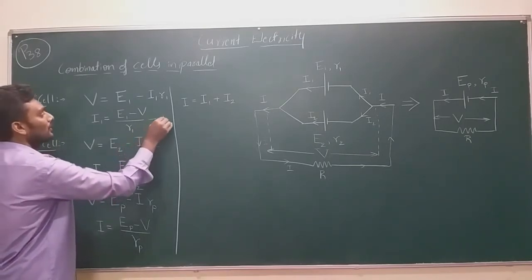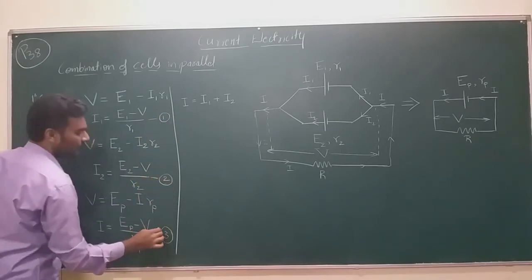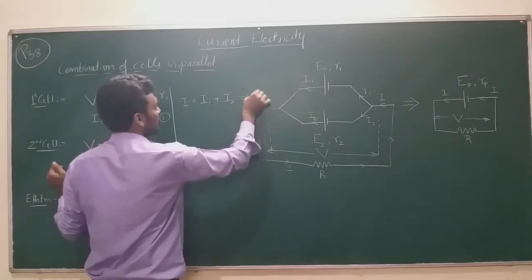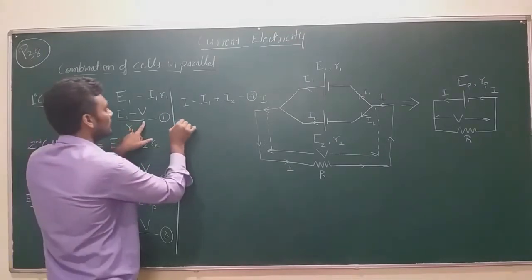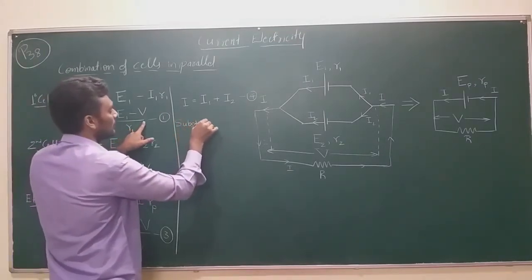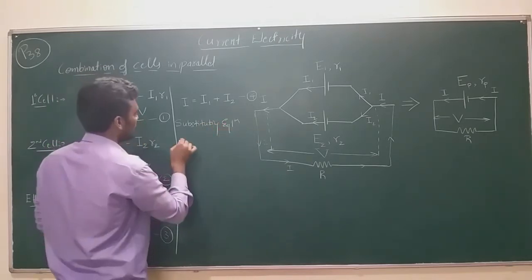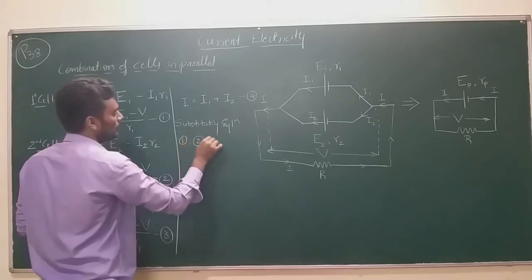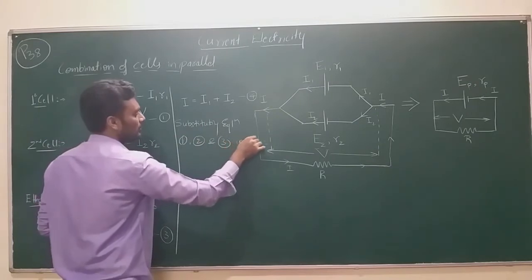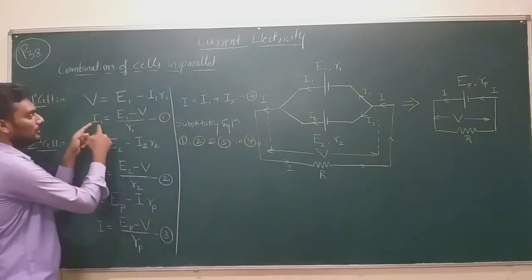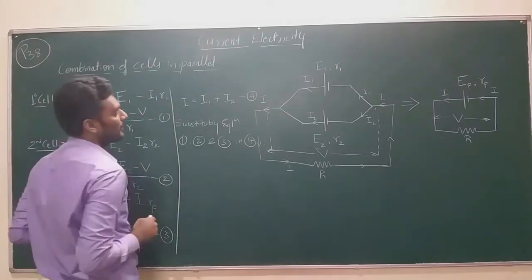You can name these as equations 1, 2, 3, and let me call this equation number 4. Now substituting equations 1, 2 and 3 in equation 4, you bring the values of I1, I2 and I from these three expressions and put them into this expression.